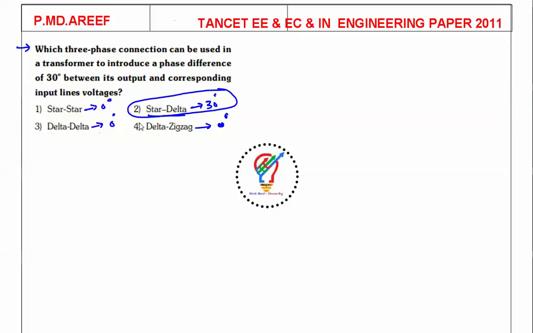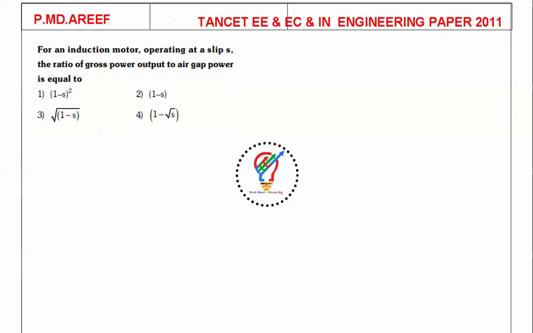Next question, from induction machines. For an induction motor operating at a slip S, the ratio of gross mechanical output to the air gap power is equal to?